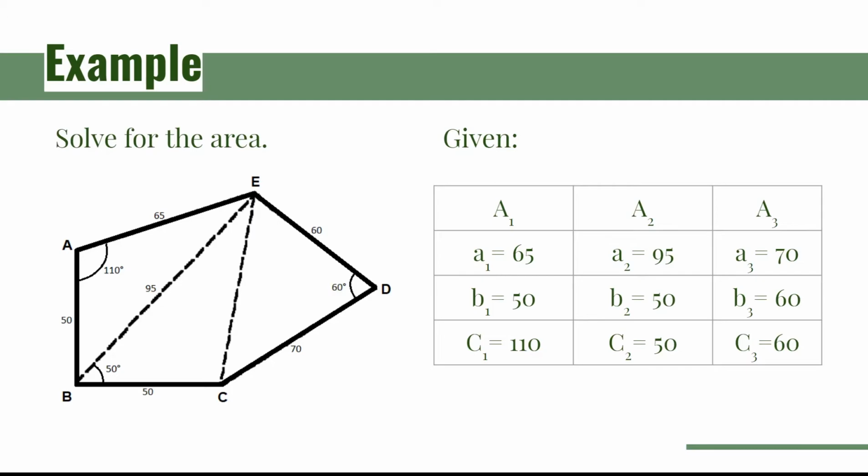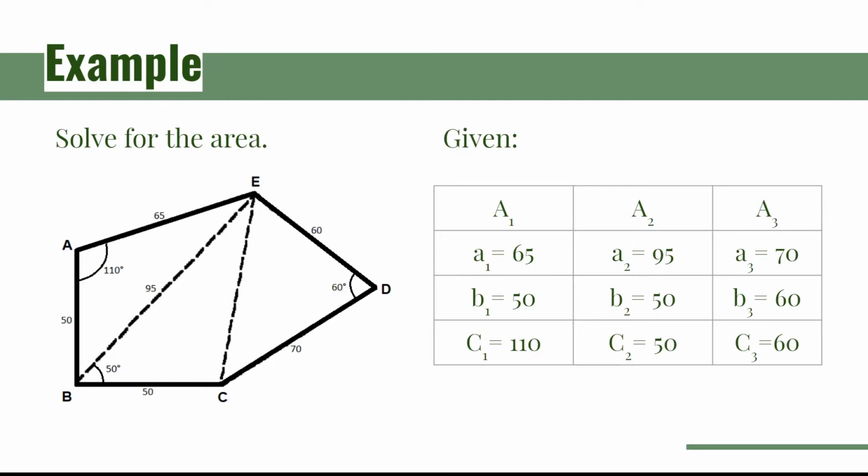The first area we will find is the triangle on the left, where side A1 is equals to 65, side B1 is equals to 50, and angle C1 is equals to 110 degrees. The second area, which is the middle triangle, is where side A2 is equals to 95, side B2 is equals to 50, and angle C2 is equals to 50 degrees.